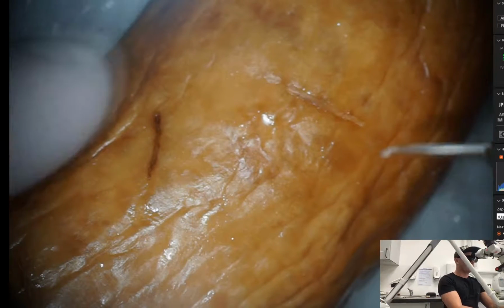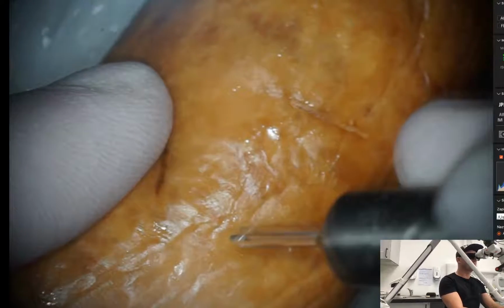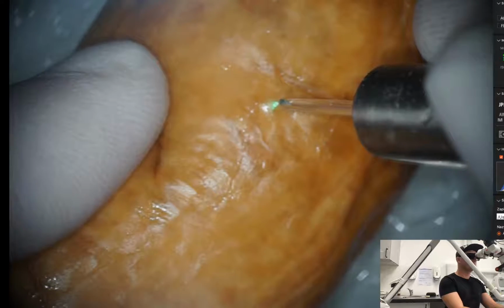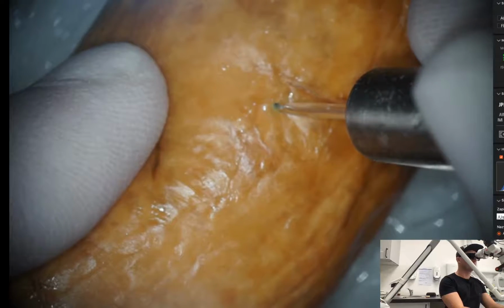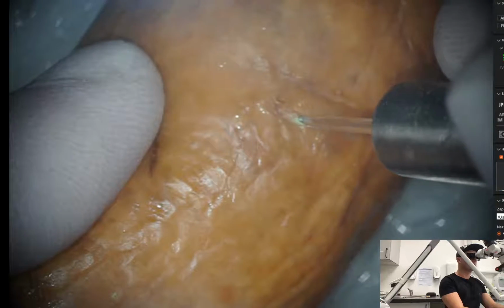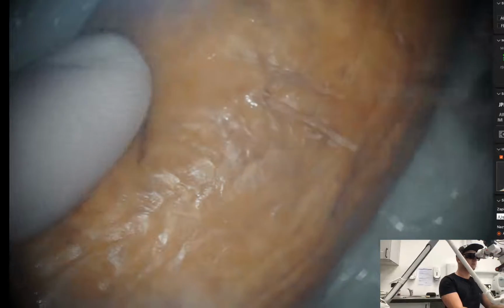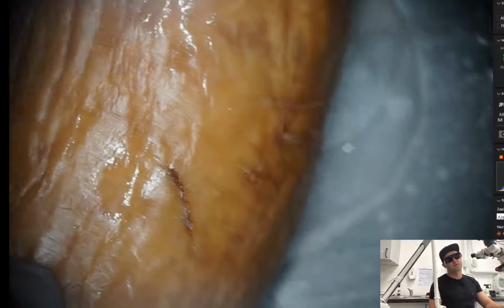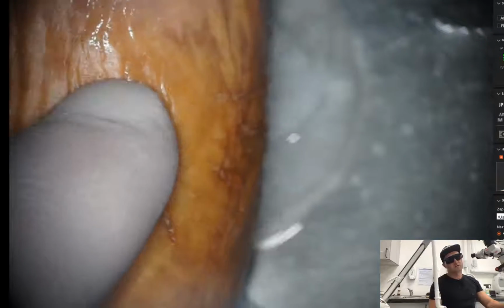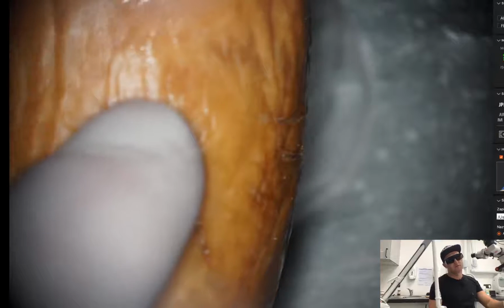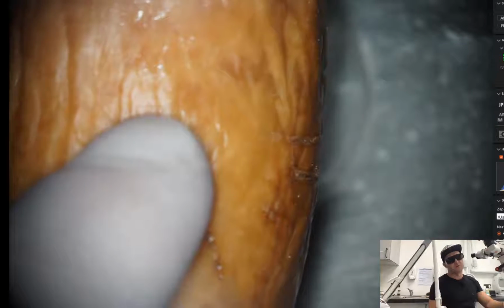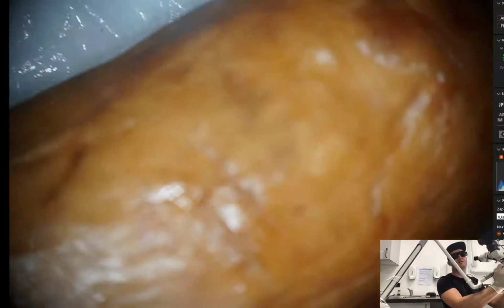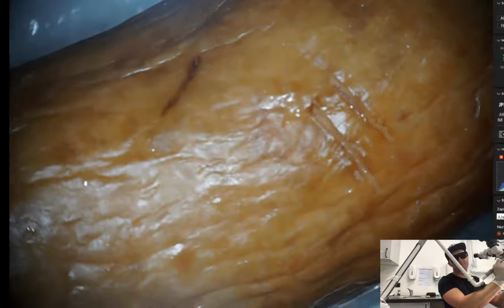I will increase my frequency twice, the same energy level, 120 millijoules, and I will perform another cut, the same hand speed. As you can see, I hope you can, the cut is a little deeper than the first one, and the edges are, let's say, smoother.